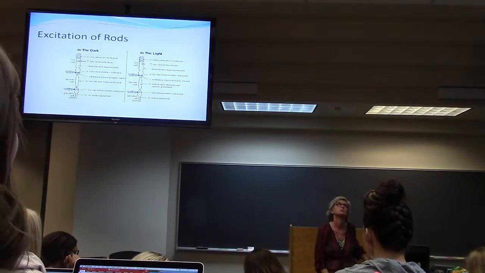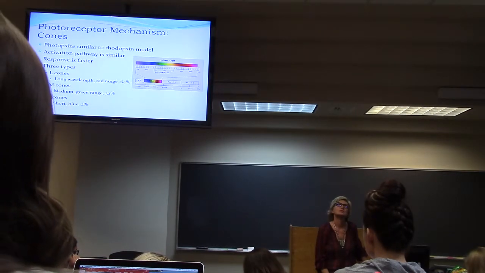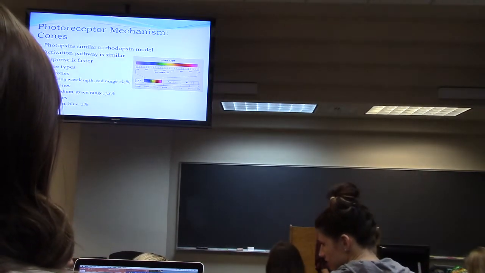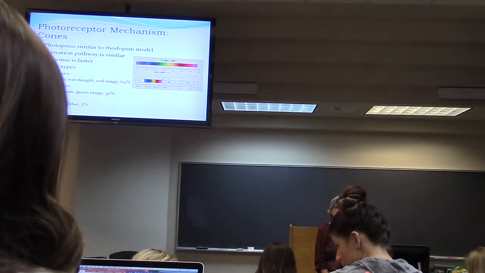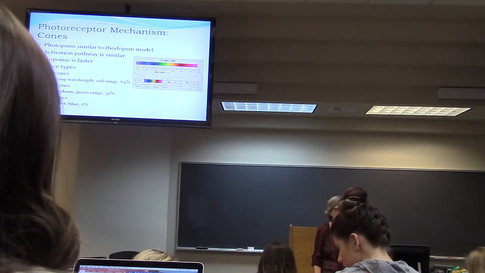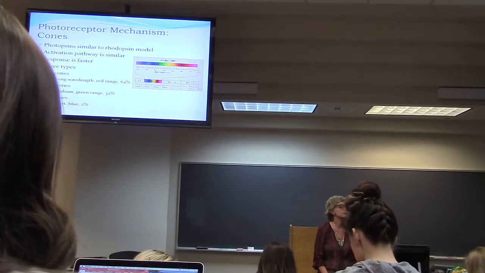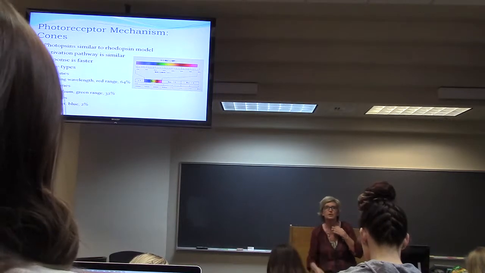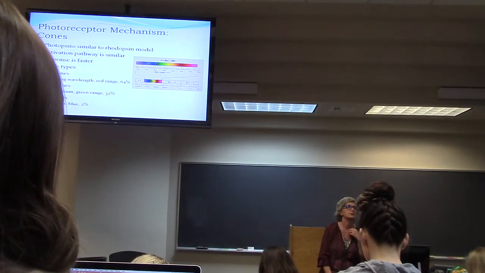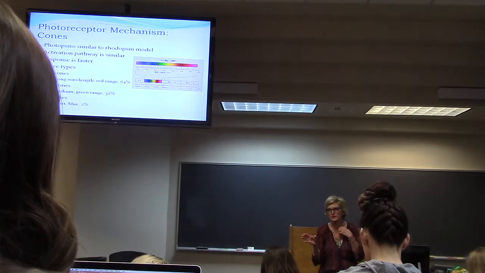There you go. Cones. Photoopsins, this is another word for opsin, but there are 3 flavors of opsins for cones, and they recognize light in various wavelengths. The activation pathway is really the same.